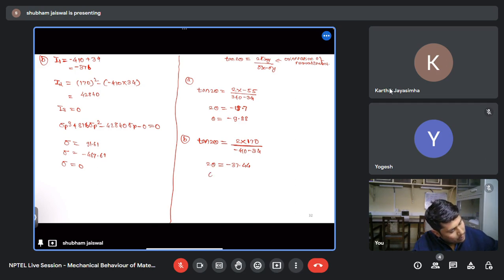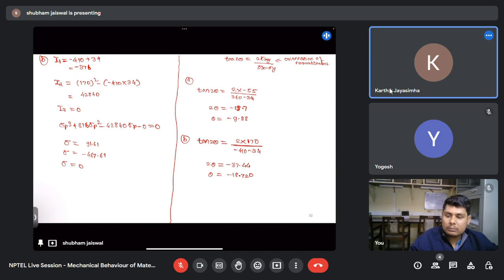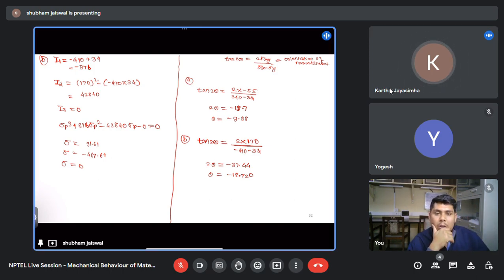And theta is equal to minus 18.7 degrees. Okay, so this is all about the principal stresses and their orientation.